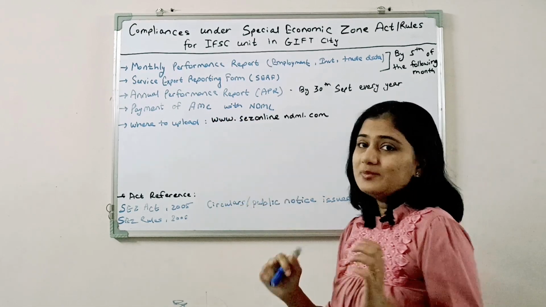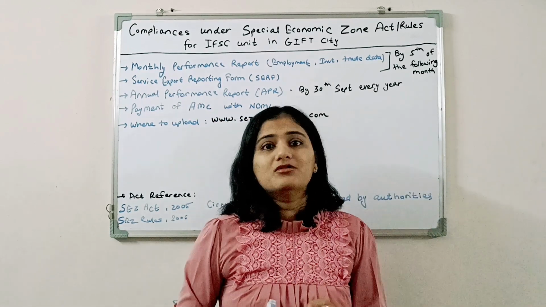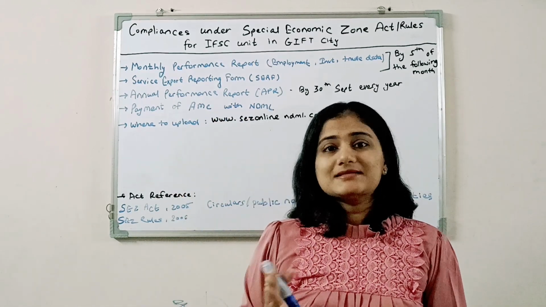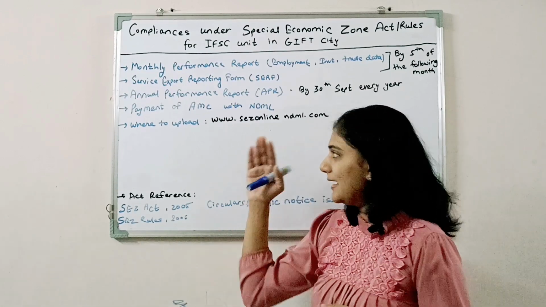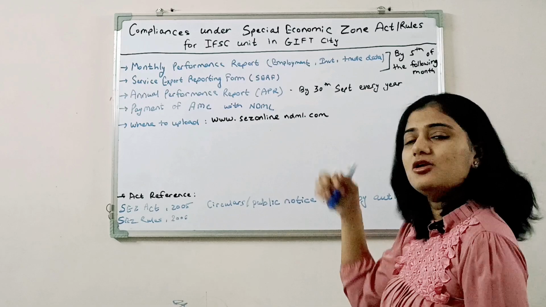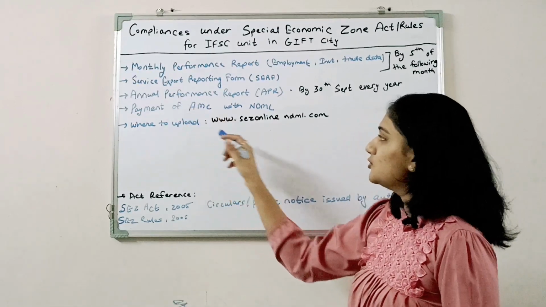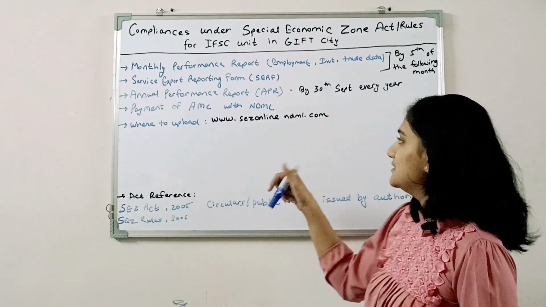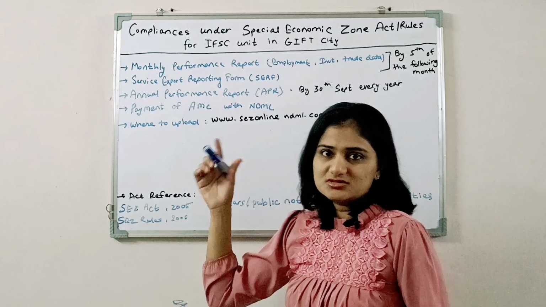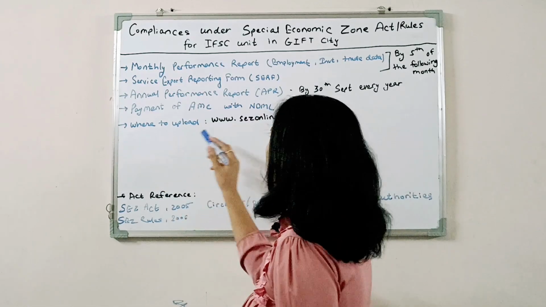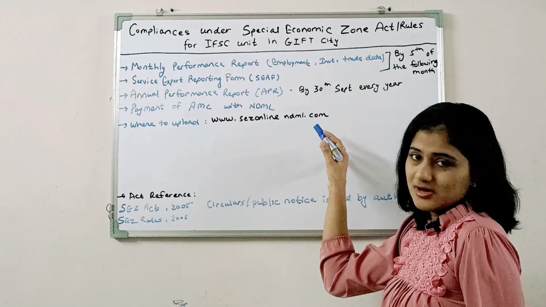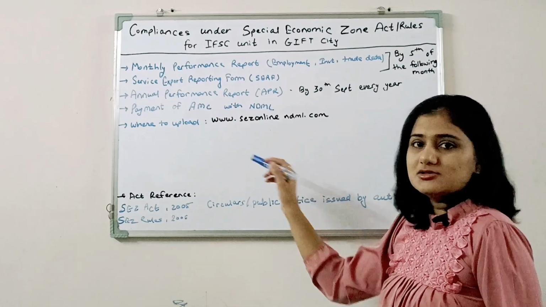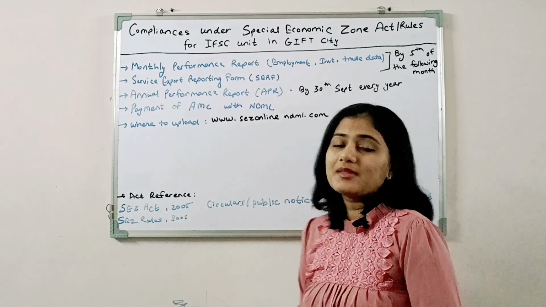You have to pay annual maintenance charges on an annual basis, and you have to renew the registration with NDML. So this is all an online process. The portal where you have to upload these forms and reports is www.sezonlinensdl.ndml.com. It is managed by NDML.